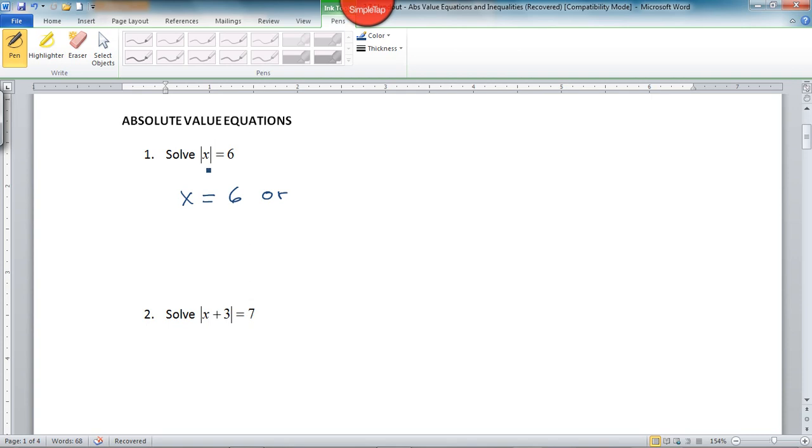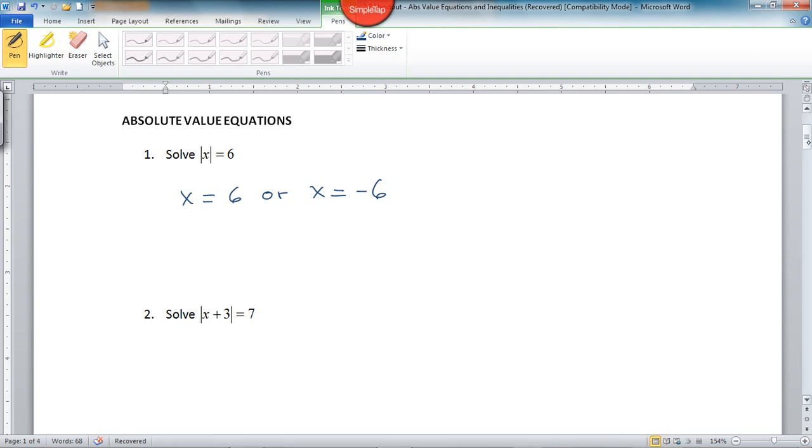Because if we put a negative 6 in place of x, the absolute value of negative 6 would also give us a true statement. So in this case, the solutions are x equals 6, or x equals negative 6. So there are two solutions. Make note of that.